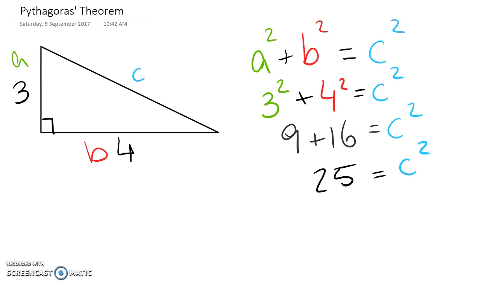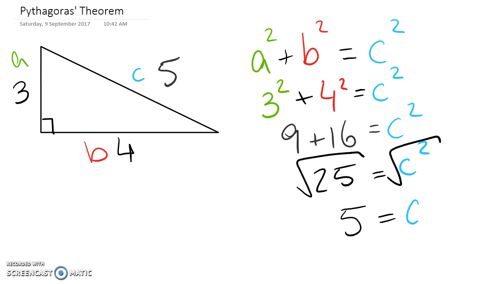Let's take the square root of both sides. We get 5 equals C. So this side over here has to be 5 units long.